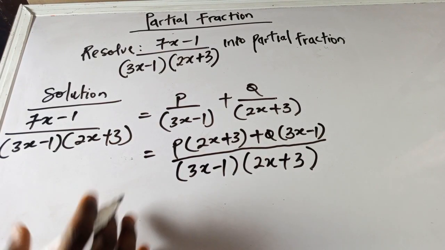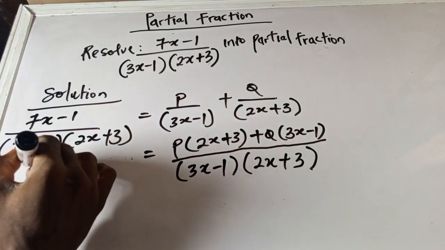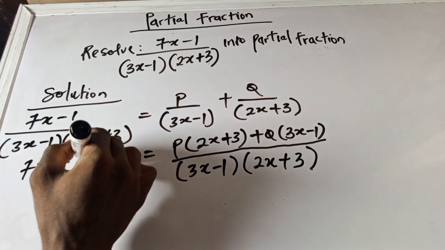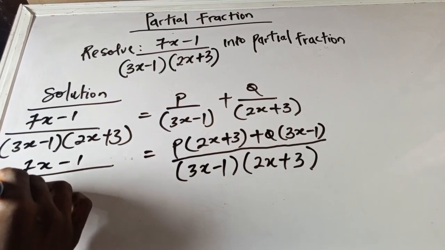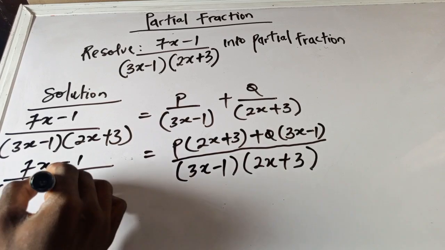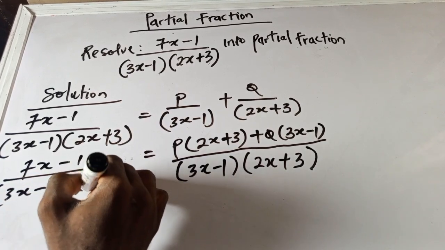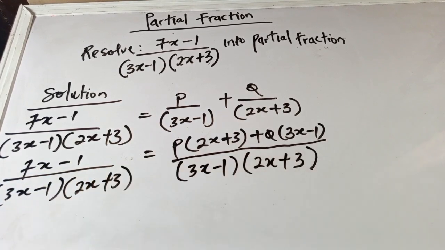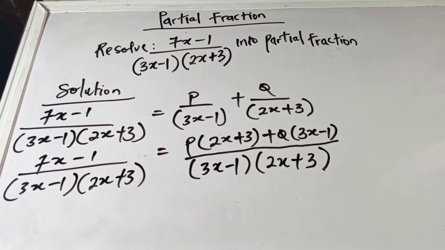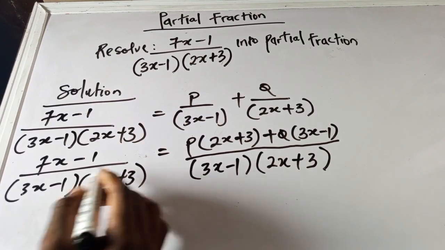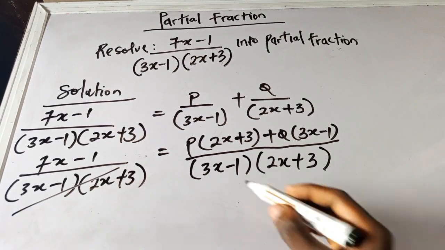Alright, so on the other side here, we're going to write the same thing. This is (7x - 1) divided by (3x - 1)(2x + 3). So since these two denominators are the same, they can cancel out.